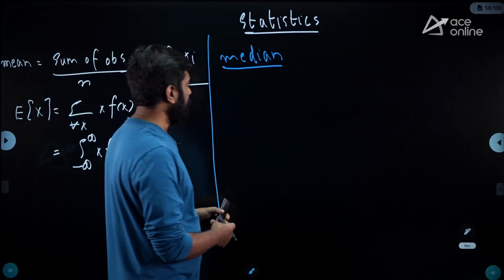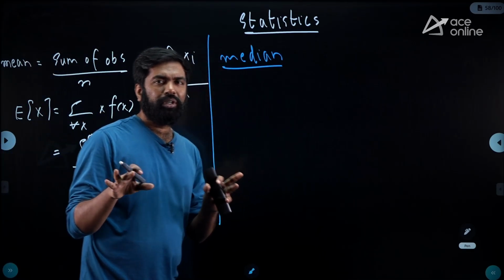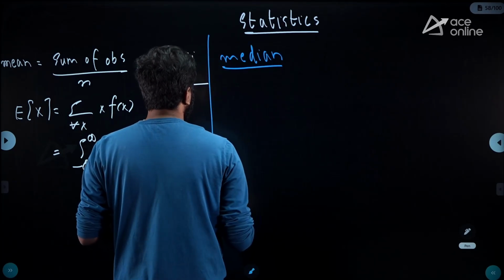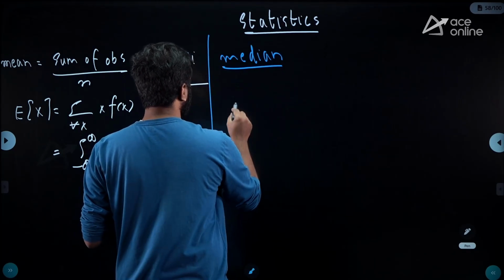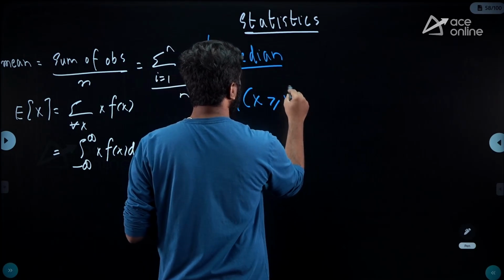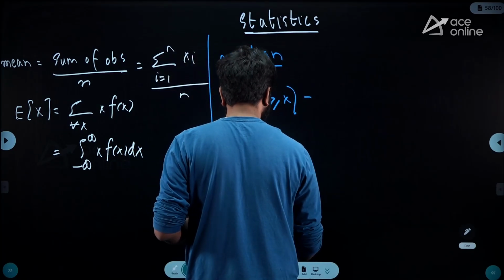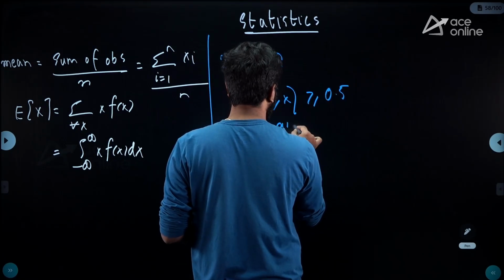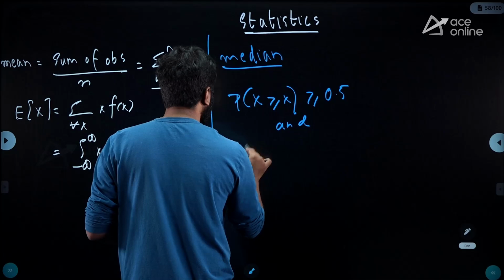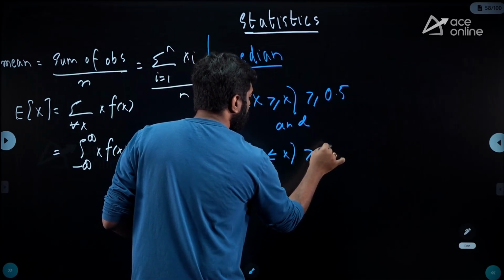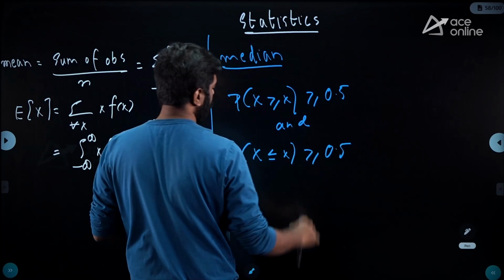That is very interesting. For the discrete random variable also, it is interesting. Let me write for discrete and continuous. For a discrete random variable, we say the probability of x greater than or equal to small x must be greater than or equal to 0.5, and the probability of x less than or equal to small x should also be greater than or equal to 0.5.